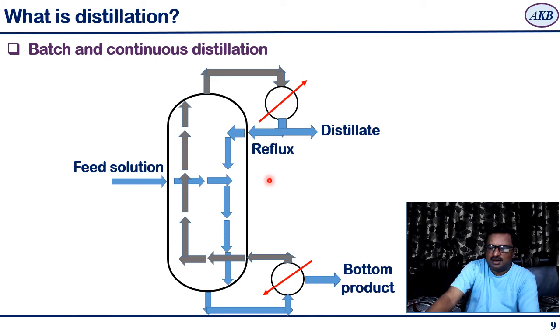And one more thing, within the column, the vapor phase, which is moving from bottom to top, is in continuous contact with the liquid phase that is moving from top to bottom. So there is continuous contact between liquid and vapor, and repetitive condensation and boiling.